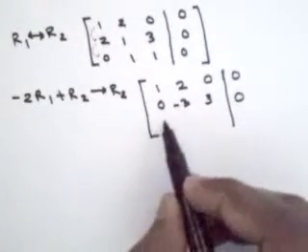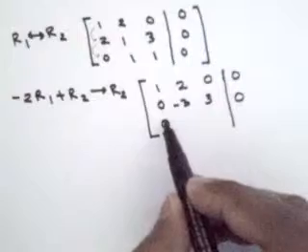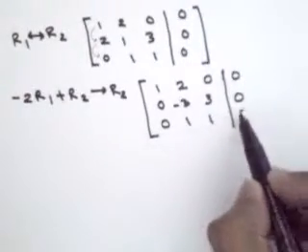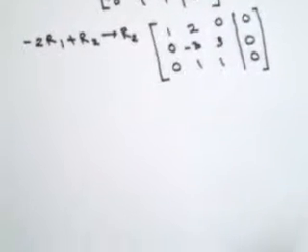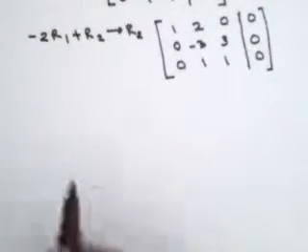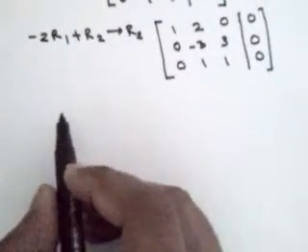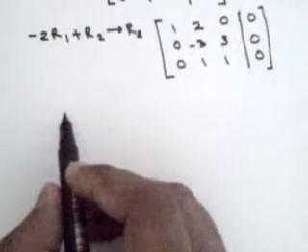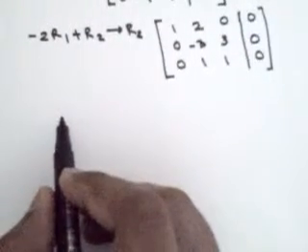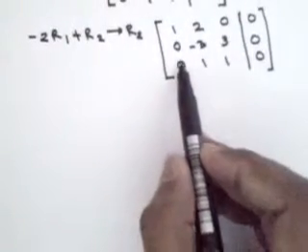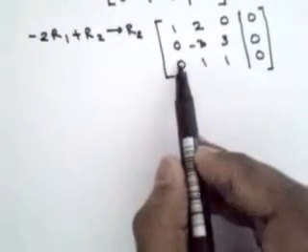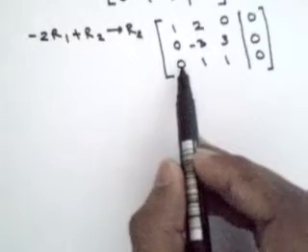We'll not touch the third row, so it will remain the same. And then we'll follow the third step, that is we'll divide. As we can see we have 0, so we don't need to do anything.